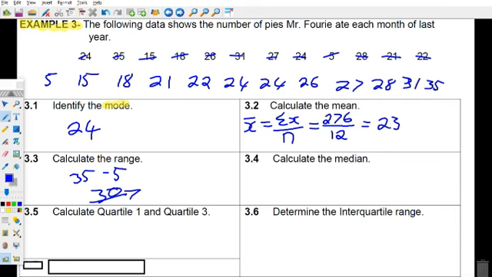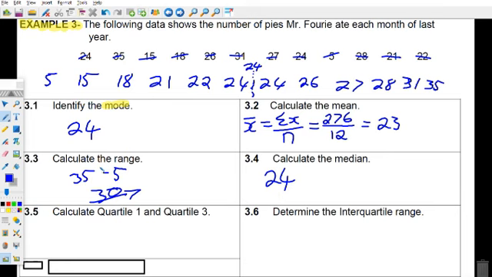We're just finding it. So what is the median value going to be? 1, 2, 3, 4, 5, 6. So it's in between 6 and 7. Okay, so it's going to be what? 24. Because the average of 24 and 24 is 24. Okay, so my median is 24.